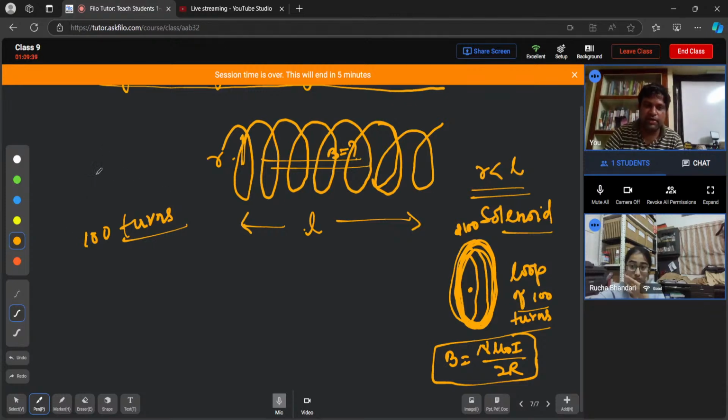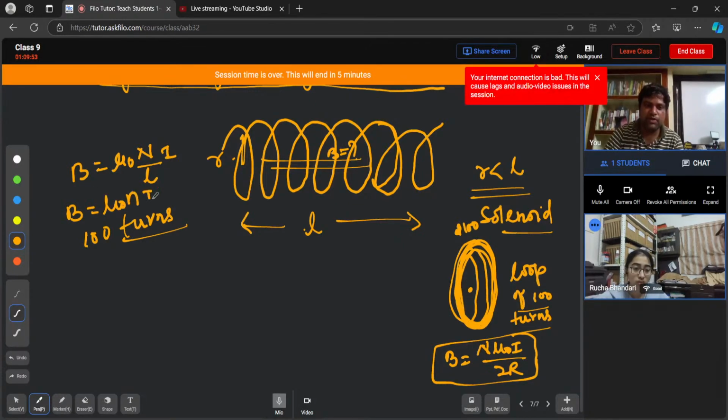For a solenoid of 100 turns, the formula will give the magnetic field inside the solenoid as B equal to mu naught N by L times I, or we write B equal to mu naught small n I. Small n is the number of turns per unit length.